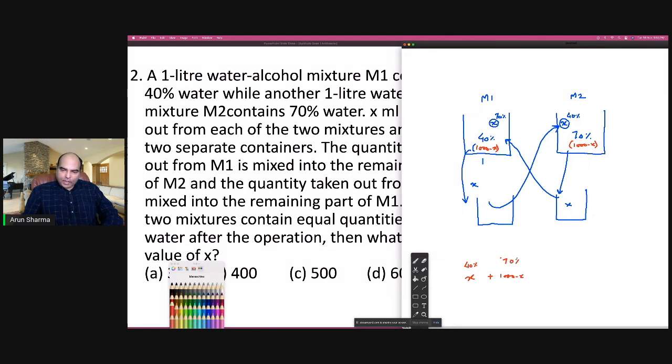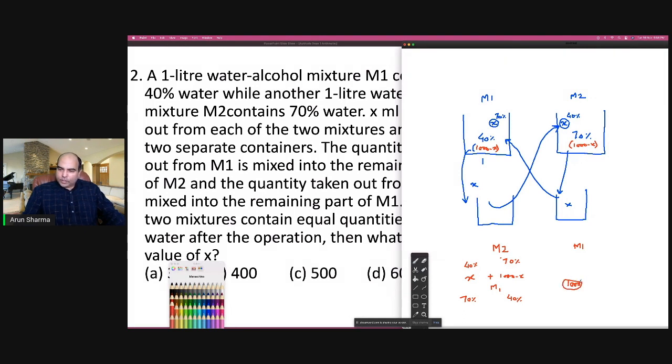If you're doing that, this you're doing inside M2, and inside M1, you're mixing X of 70%, and you're mixing 1000 minus X of 40%. This you're doing inside M1. And they're saying that the quantity of water is equal. That means basically, since you're mixing X plus 1000 minus X, in both M1 and M2 you at the end have 1000 ml each.